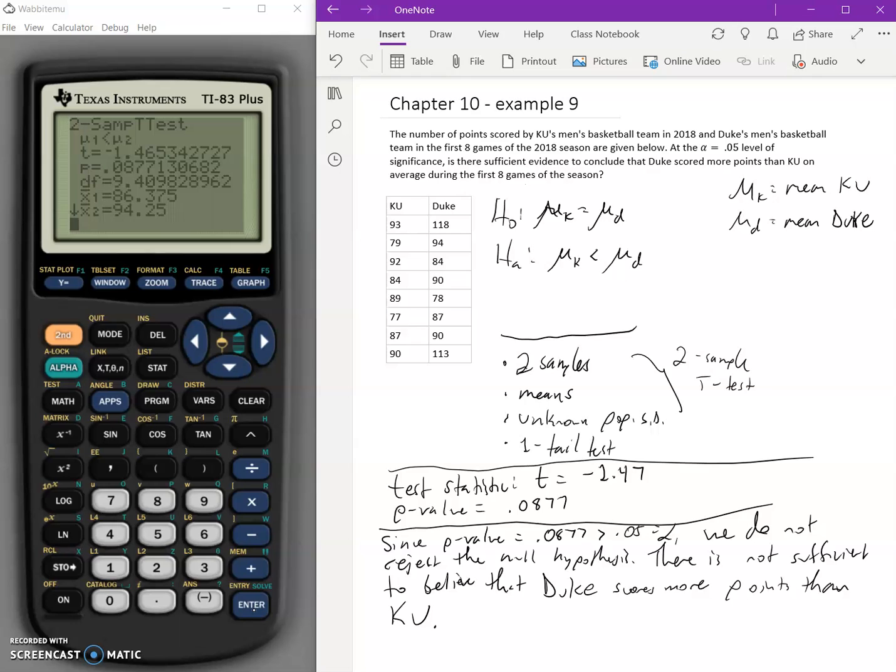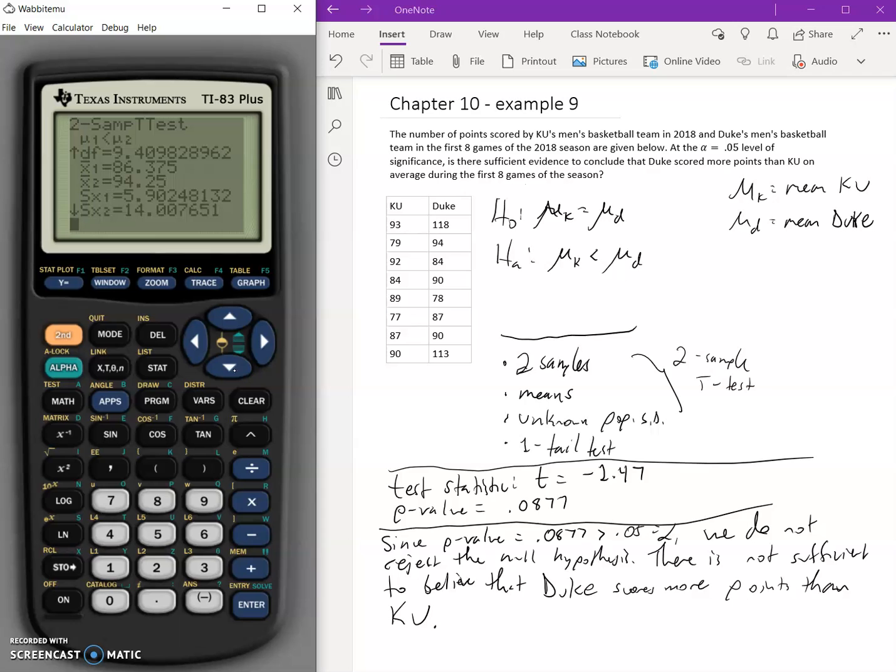If we look back at the calculator, you have x1 bar is 86.375 and x2 bar is 94.25. Now, the major reason that we do not have a statistical difference there is because of these standard deviations.